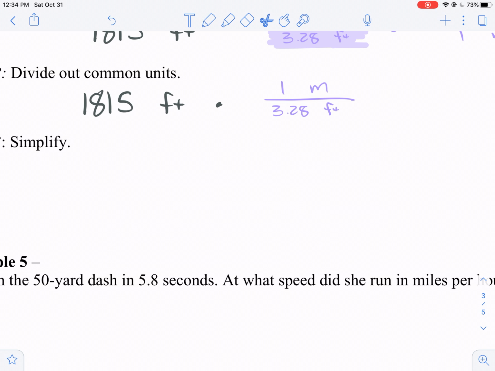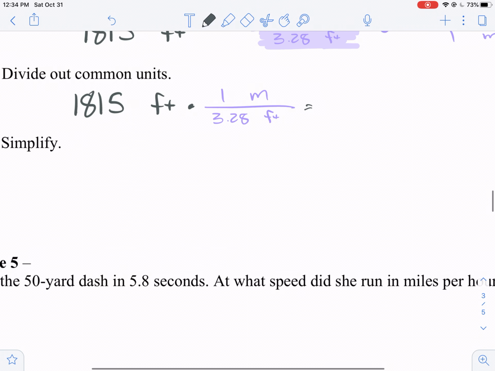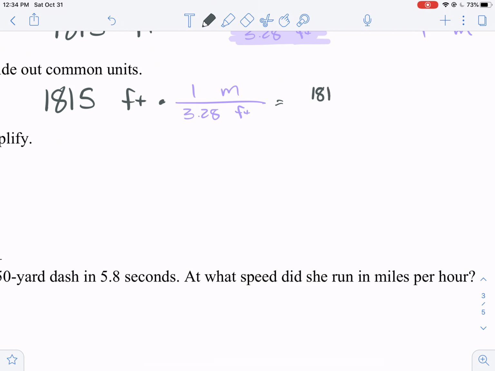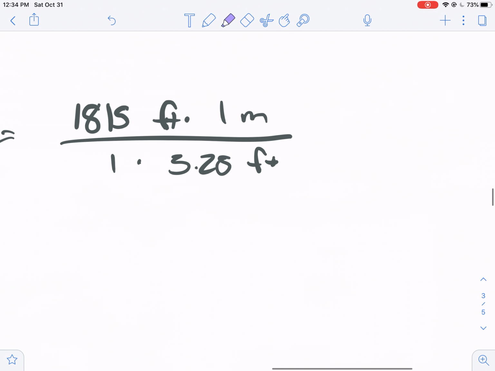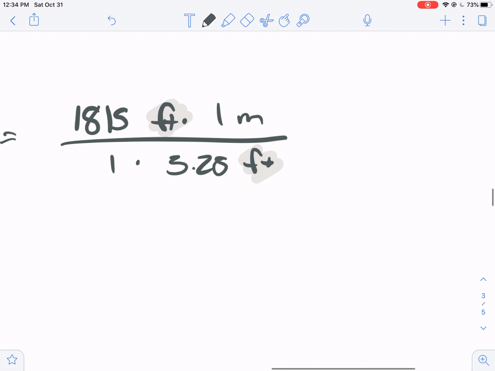We can rewrite this so they all fit in the same window as 1,815 feet times 1 meter over 3.28 feet. And now that we have feet over feet, these are going to cancel out. They're going to reduce out.